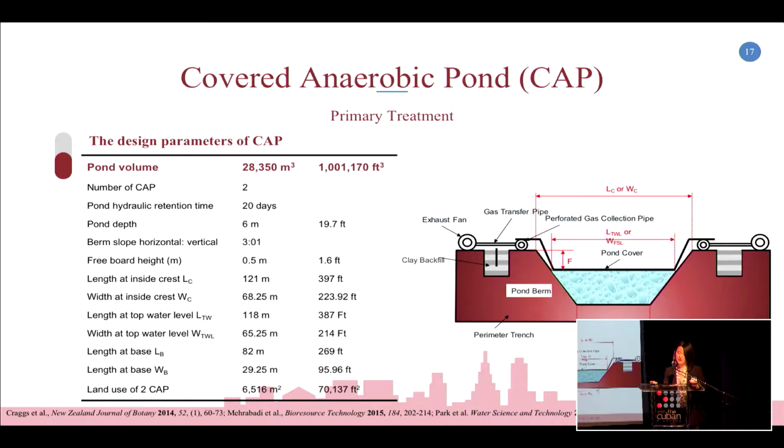And the guideline of the CAP construction requires that the plant depth should be less than 6 meters. So we use 6 meters for the plant depth, and the freeboard height should be less than 0.6 meters, and we use 0.5 meters for the freeboard height. And based on these parameters, we calculate the land use of the CAP plant is about 6,000 square meters.